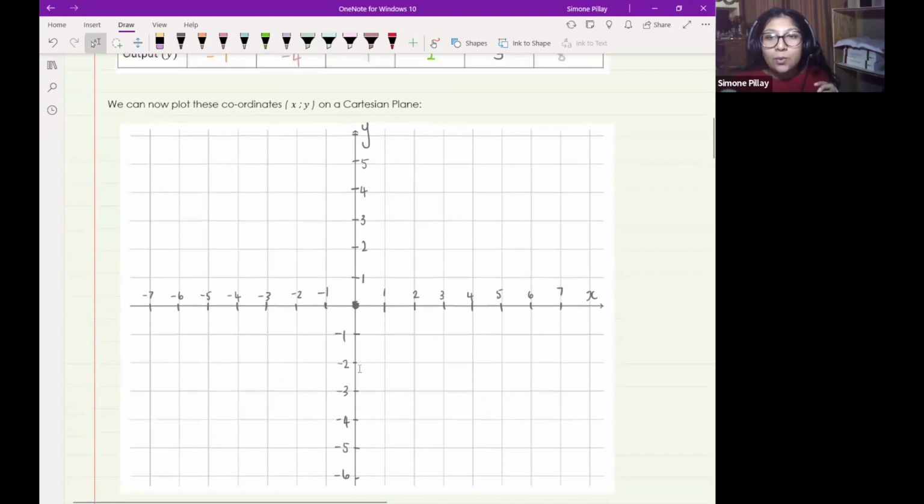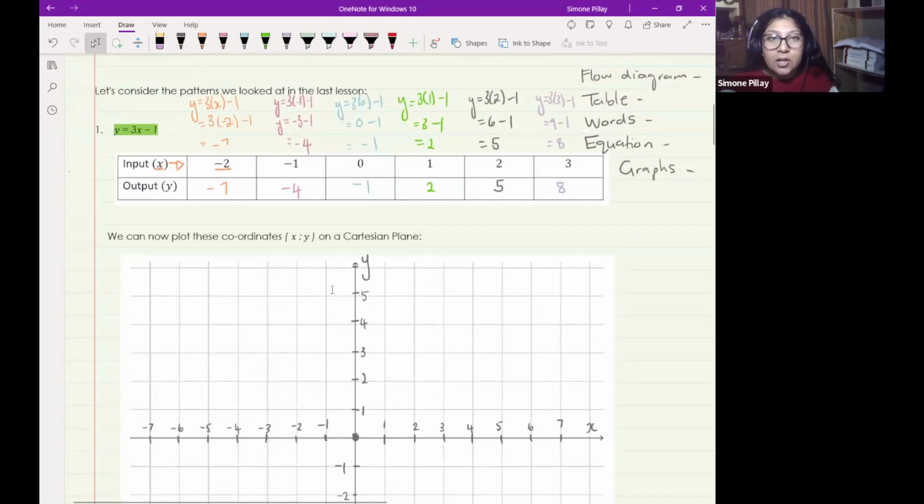Now, what I want you guys to see is, remember when we spoke about my coordinate point? I told you there's always an x and there's always a y coordinate. And Uma asked if it's geometry. No, it's not geometry. So we spoke about there always being my x coordinate and a y coordinate.